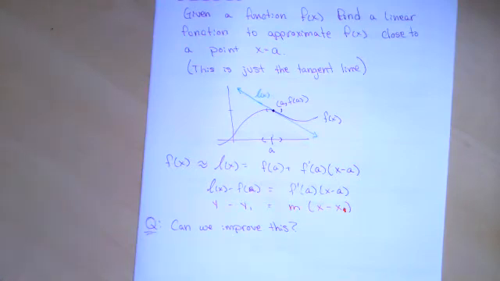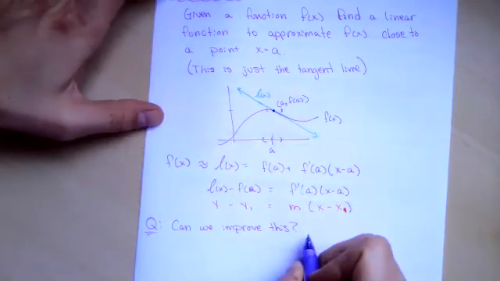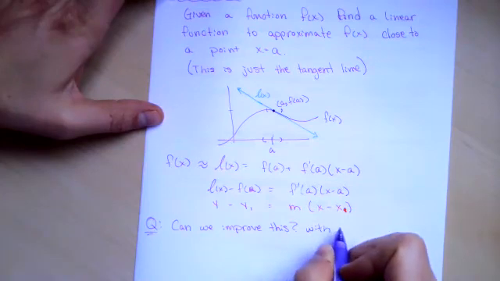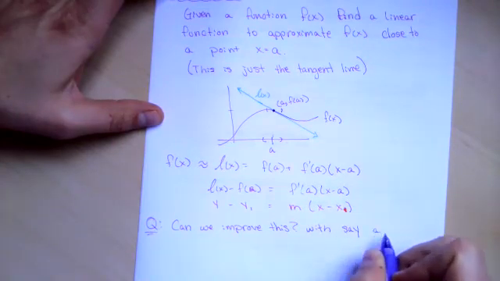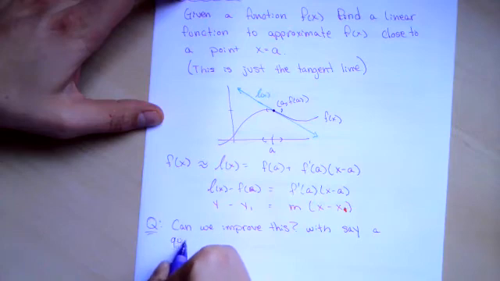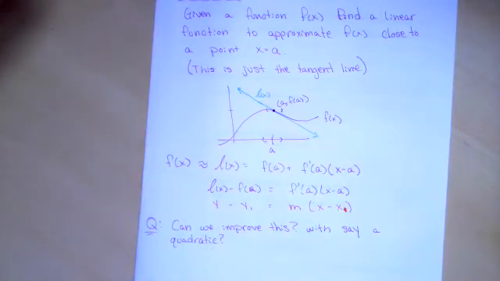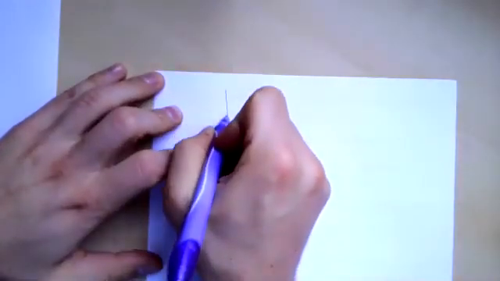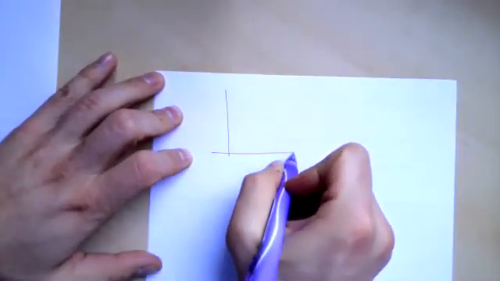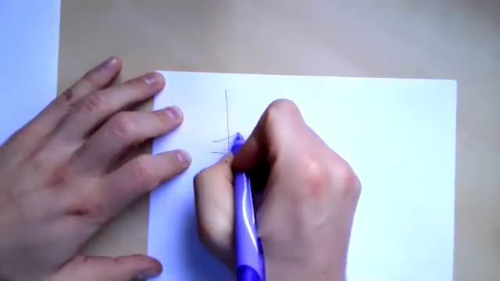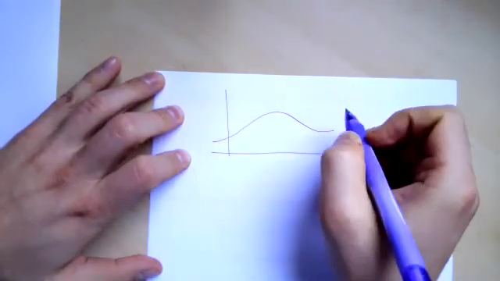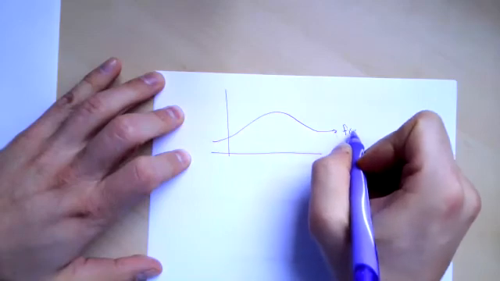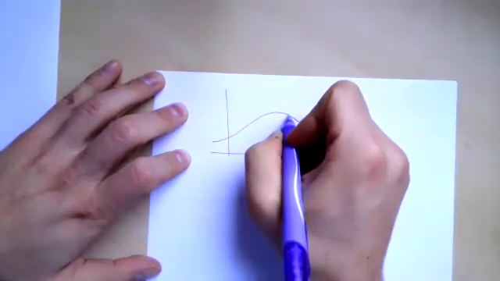So can we improve this with, let's say, a quadratic? So maybe instead of a line, let's draw a new picture. We see that the function naturally has some sort of curves going on. And we want some point, it was like here.